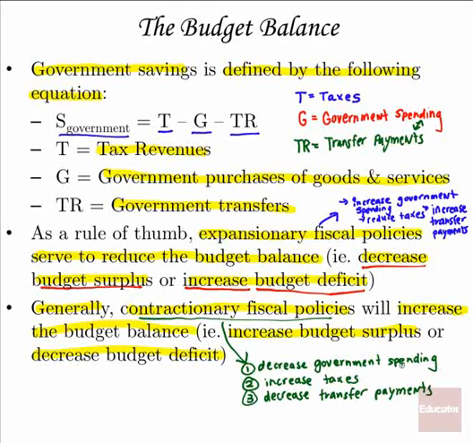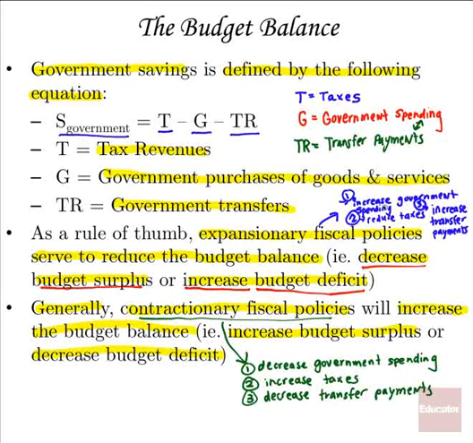Now, if you look at these different things in terms of increasing government spending, reducing taxes, and increasing transfer payments, from a political perspective, it's pretty clear that what I wrote here in blue, expansionary policies, that's what's going to be very politically popular.